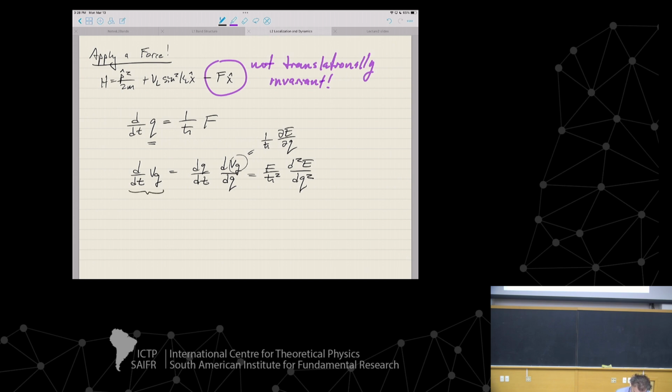Let's call this the acceleration. Acceleration should be force over mass. So this is force over the effective mass, which I'm going to call m star, so long as the effective mass is defined as 1 over h bar squared times the second derivative of the energy with respect to quasi-momentum. So this is called effective mass.